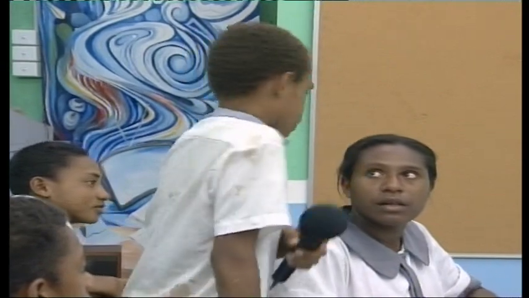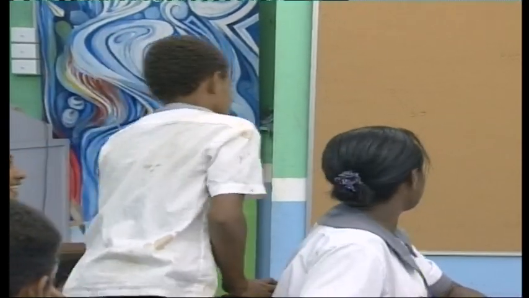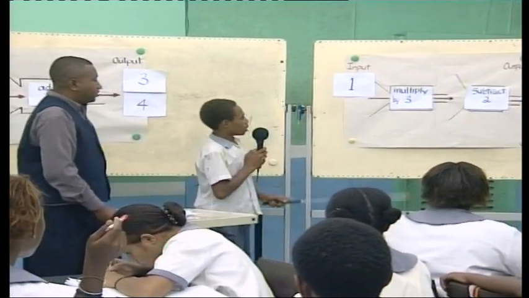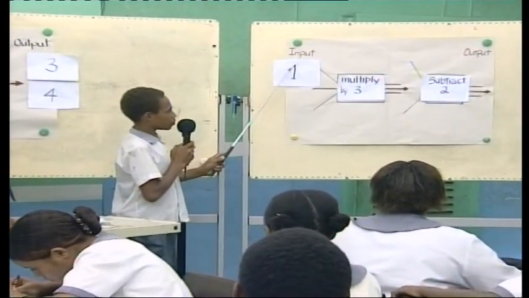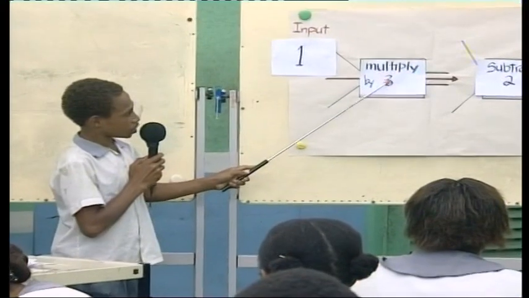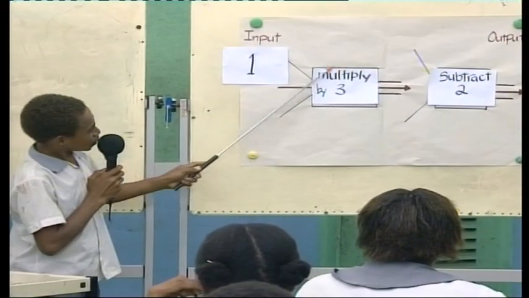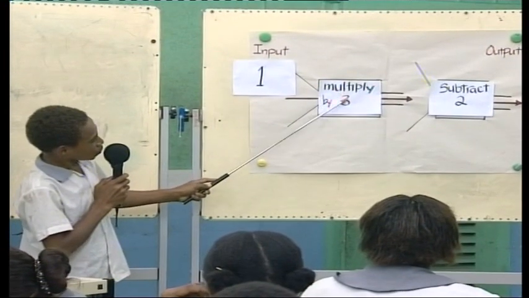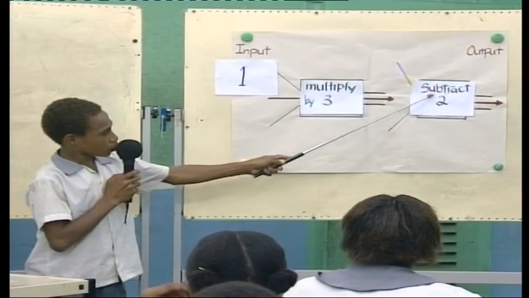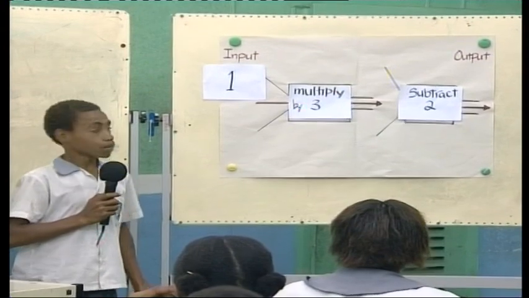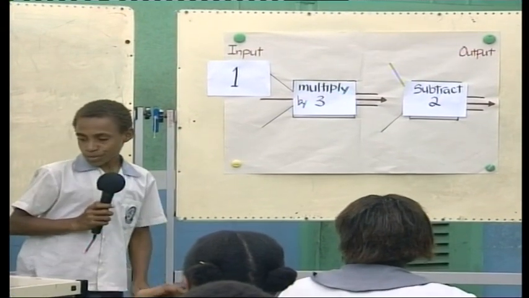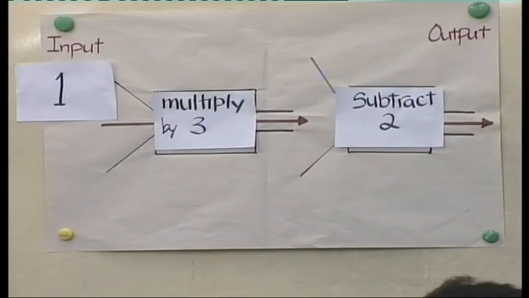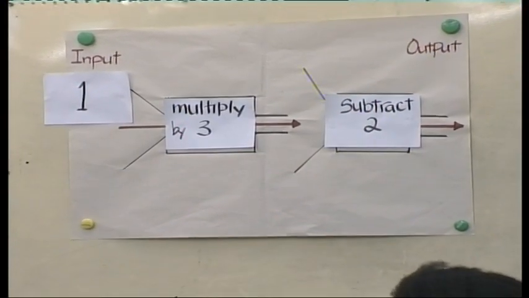Come to the front. Can you explain? 1 multiplied by 3 equals 3. Subtract 2 equals 1. So can you place the answer that you have found? There, please.